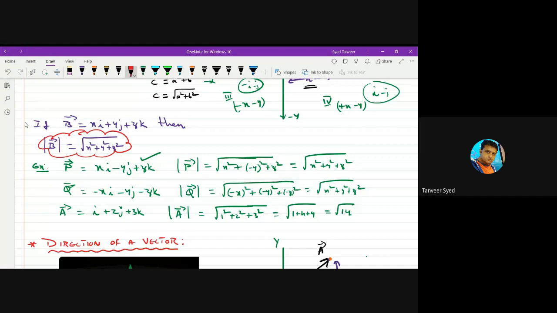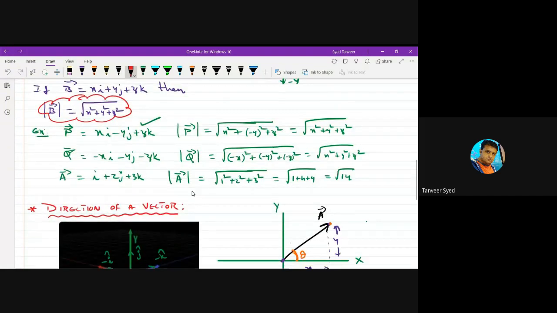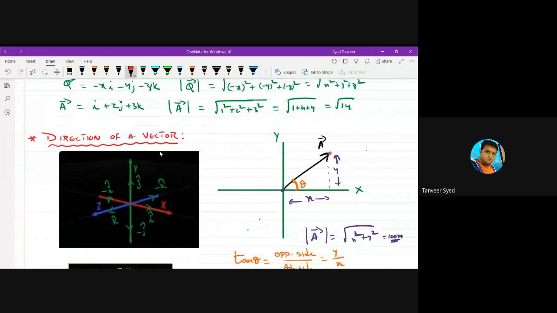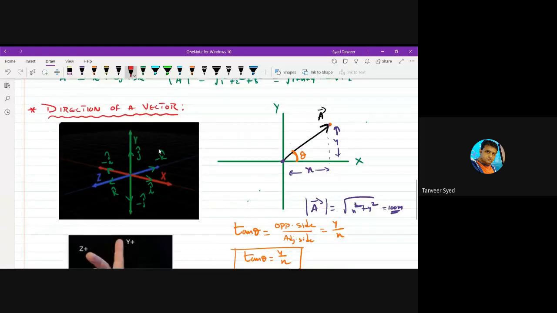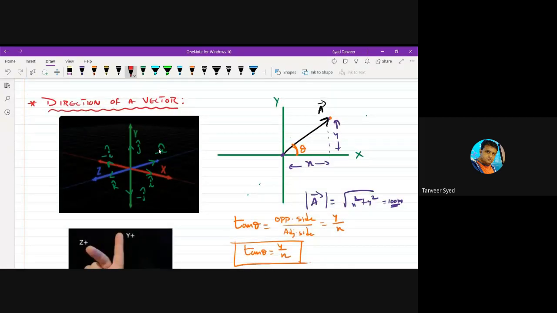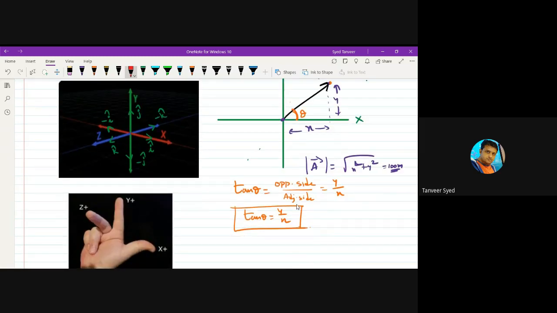Direction of a vector can be represented in terms of angle. Mostly we use tan theta, which is equal to y by x, where y is the magnitude along the j direction and x is the magnitude along the i direction.